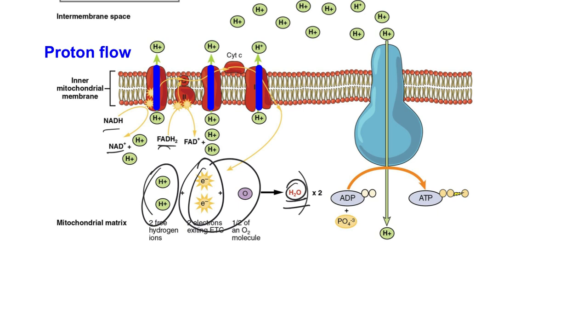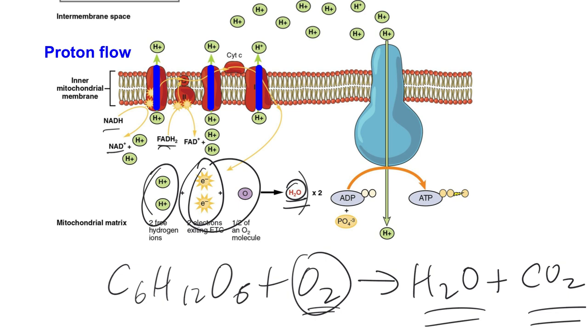So without oxygen, this whole thing can't make the ATP. The oxygen will be used up and turned into water, which remains in the mitochondrial matrix and eventually diffuses into the bloodstream.